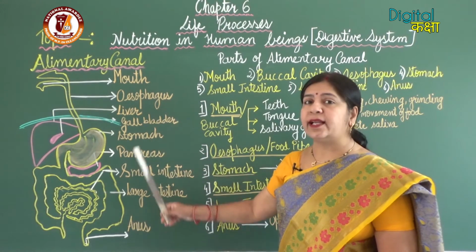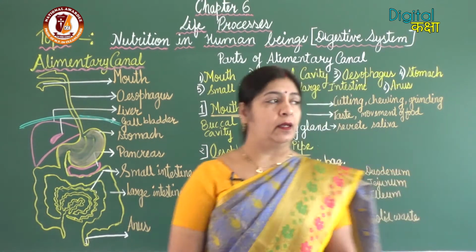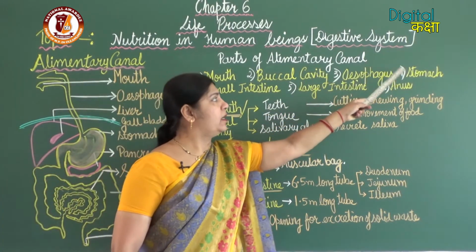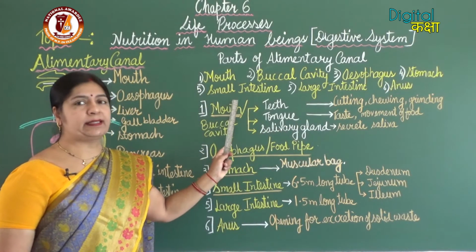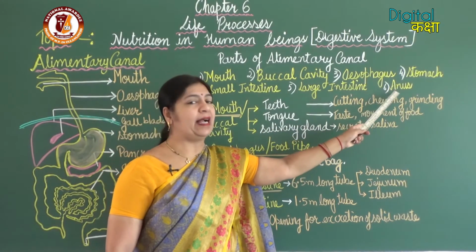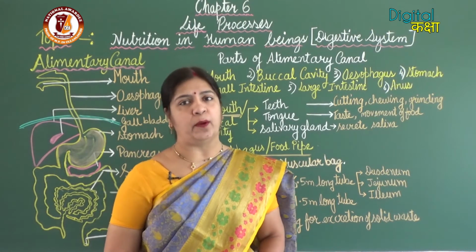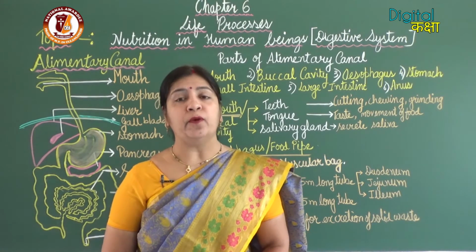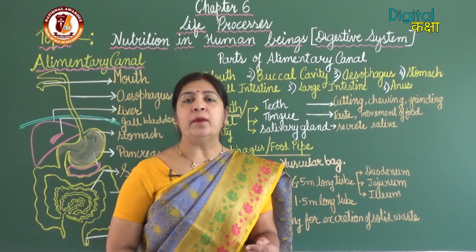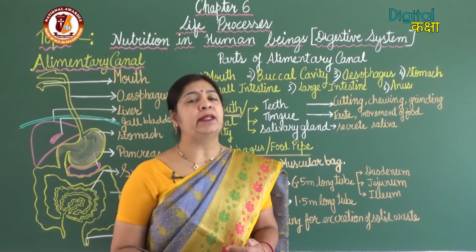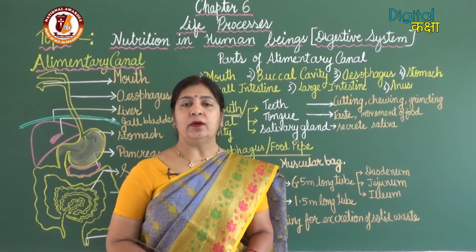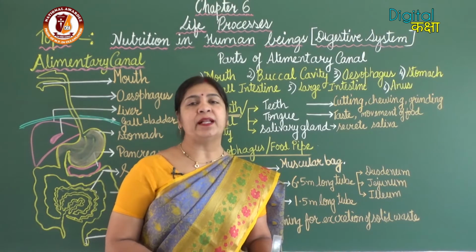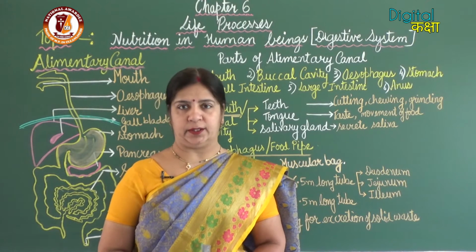So, all these parts together form the alimentary canal. So, alimentary canal is the long tube for the passage of food from the time of ingestion to the time of egestion. Through the tube the food passes and the complex food converts into simple forms.